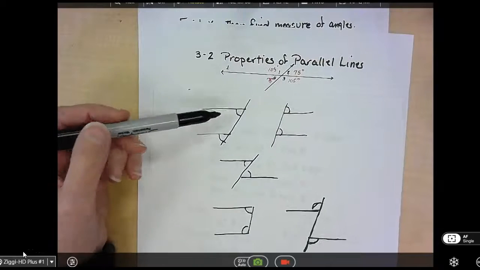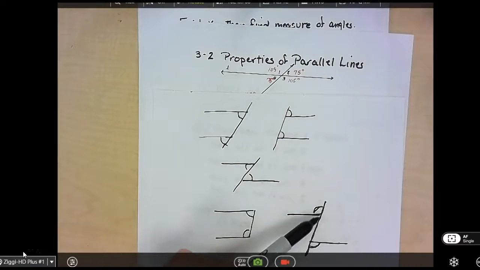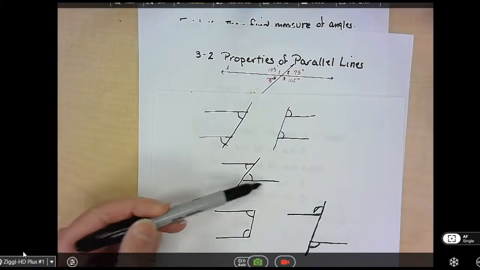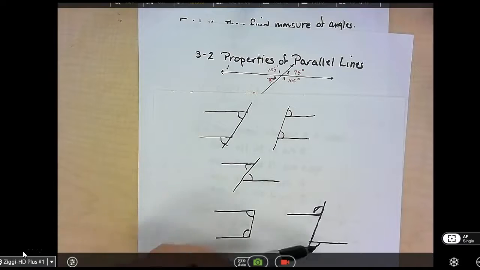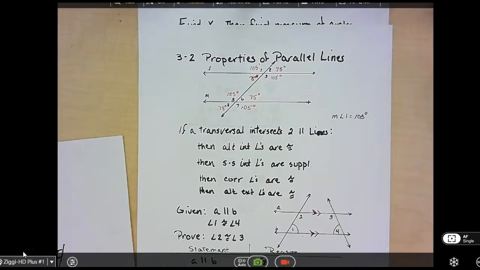So we had our corresponding, alternate interior, alternate exterior, and our same side interior. So we had an F, a Z shape, C shape, and our weird shape. So those are your shapes that go with 3-2, if that helps you see which angles you're talking about. Now you may start your homework.